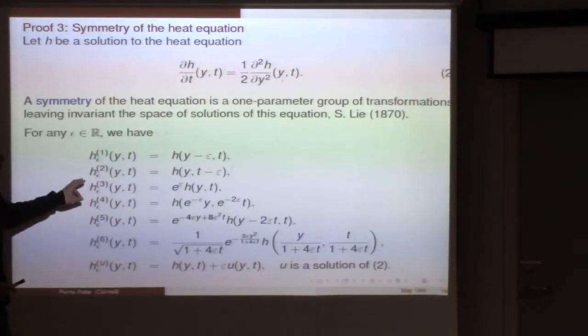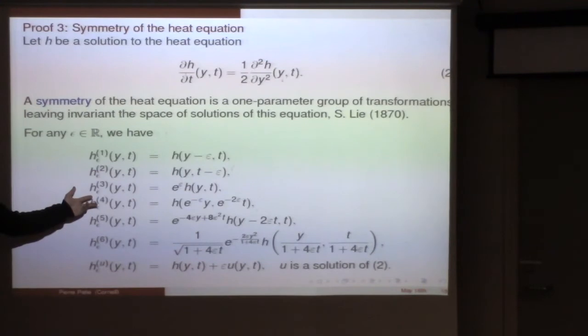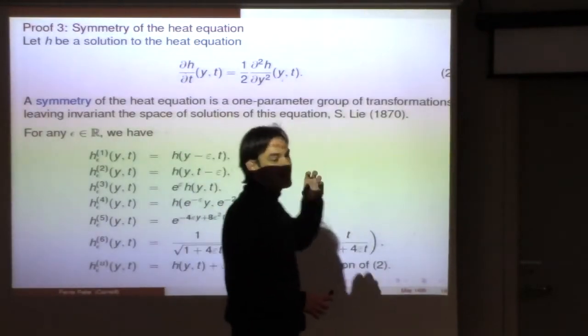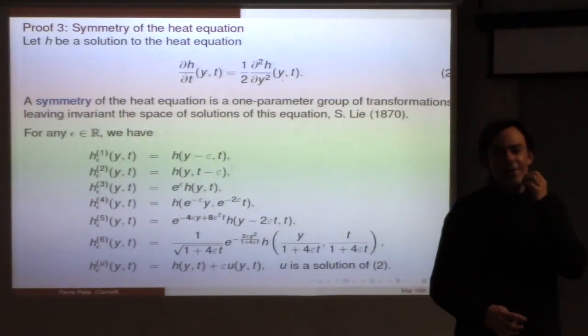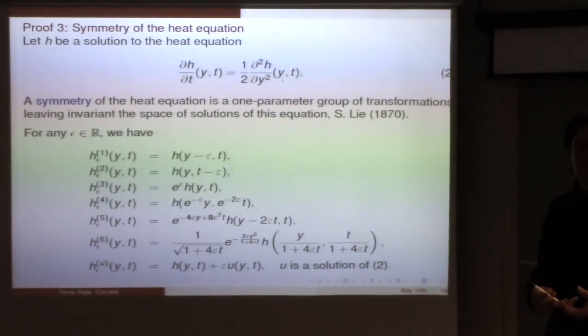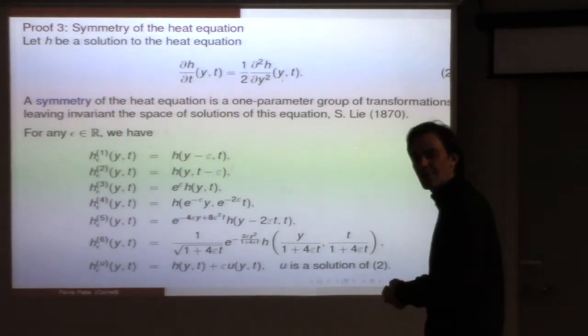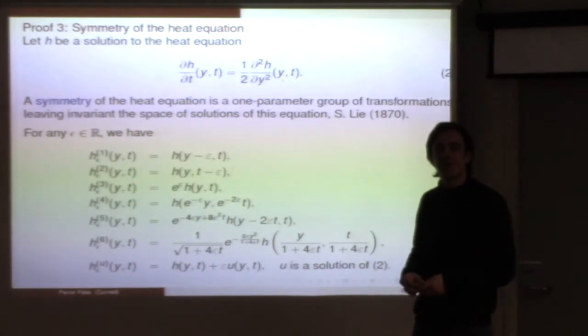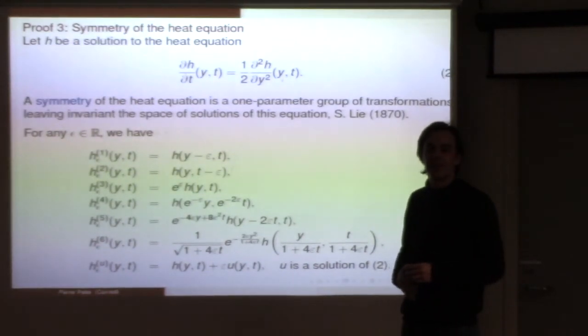Oh, I see. Okay, so that's a scaling property. Is there an analogous list for higher dimensions? Yes. Actually, the Lie algorithm is very powerful and it can deal with any type of partial differential equation, of any order, of any dimension. It does not mean that you can always figure out what the symmetries are, but at least there is an algorithm for dealing with any type of PDE.